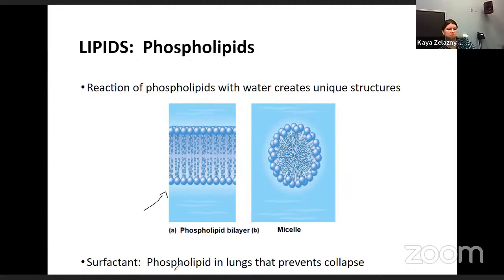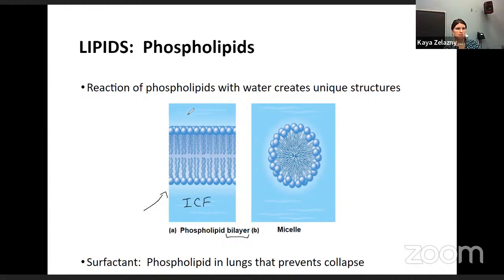Surfactant is another type of phospholipid that we'll see when we get to lungs, but for right now we want to focus on the phospholipids forming the bilayer, because we're thinking about the creation of our cells. Inside the cell, we have this watery substance called intracellular fluid, mainly composed of cytoplasm.